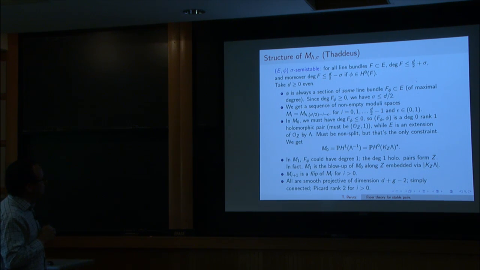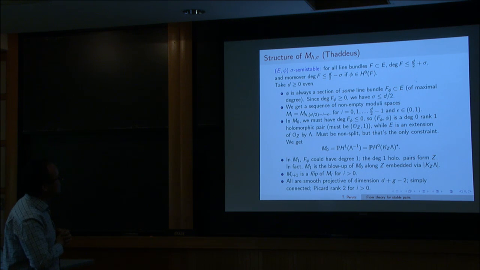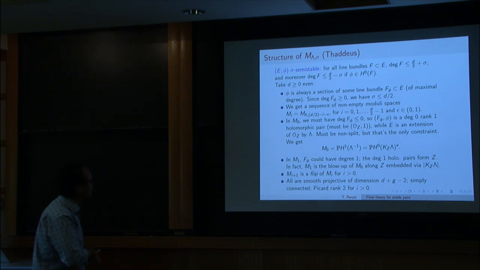That line bundle possesses a section by definition, and so it has non-negative degree. That condition already forces sigma to be not too big. Sigma is at most D over 2. In other words, these spaces become empty if you exceed that bound.